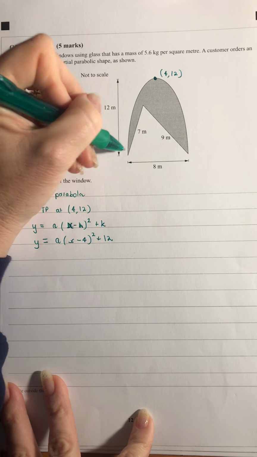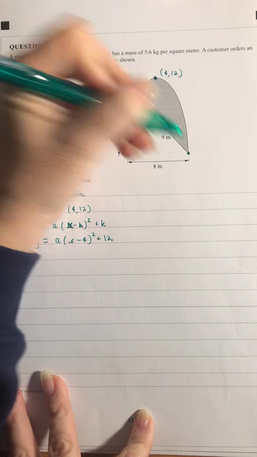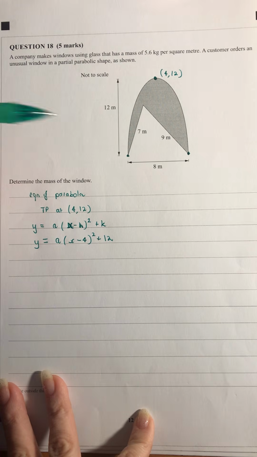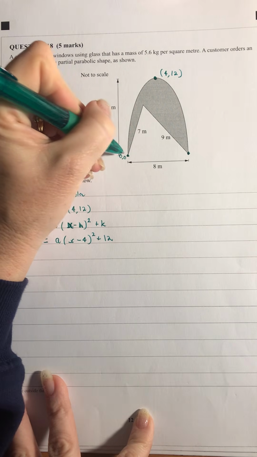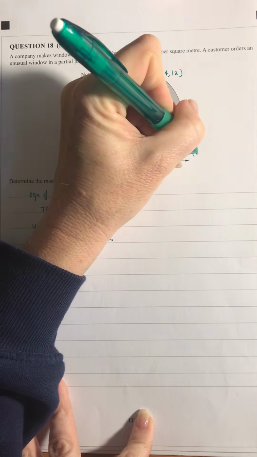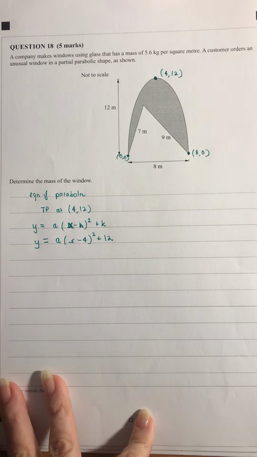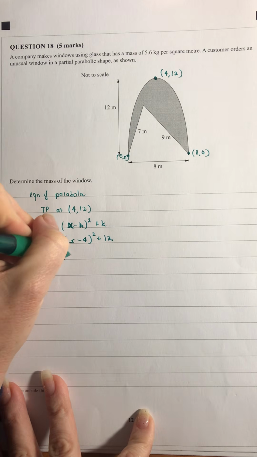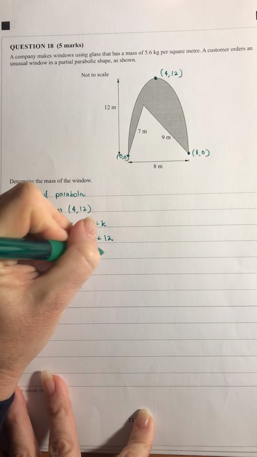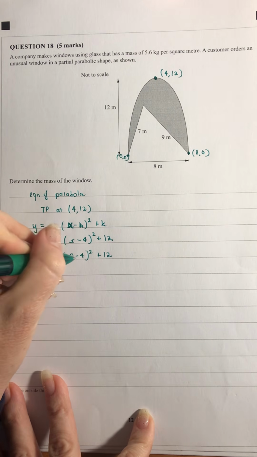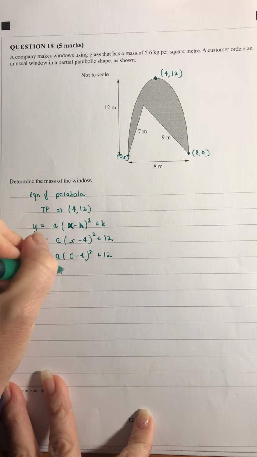We then know two other points on the line that we can use to solve for our a value. So we have our (0, 0) here at the start, and here we have (8, 0). I'm going to use the (0, 0), obviously, because that's the easier one. So I've got 0 is equal to a outside of (0 take 4) squared plus 12. 0 take 4 is negative 4. When we square it, we get 16.